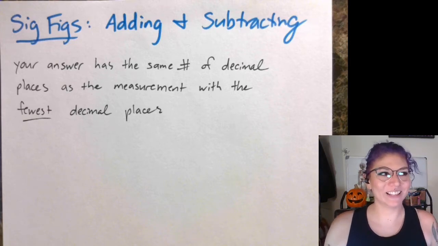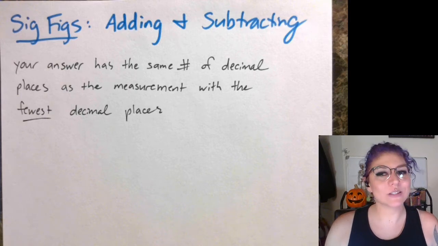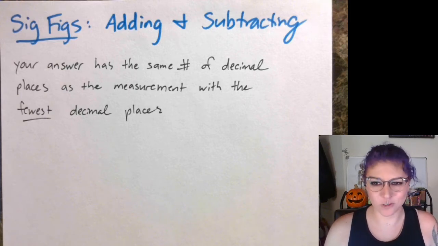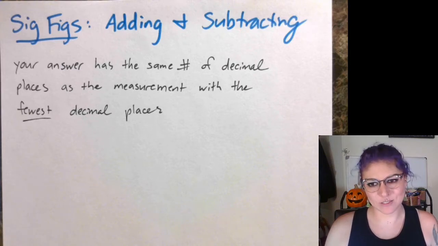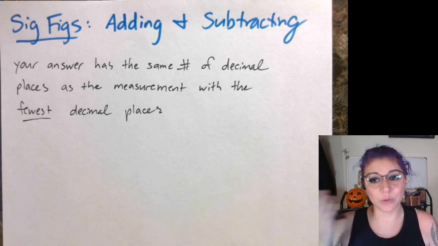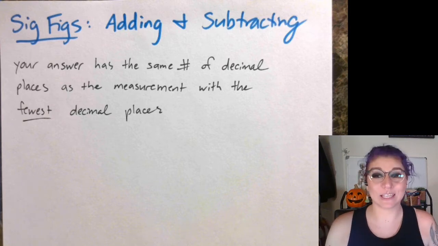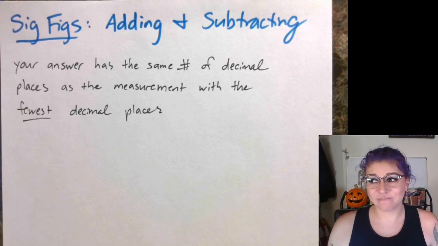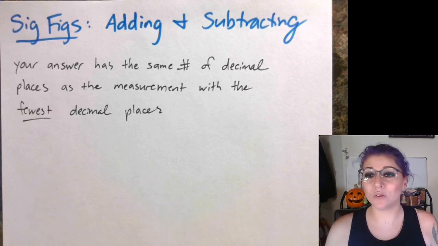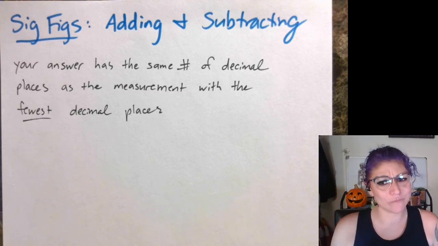Well, you can really only trust the precision of the least precise instrument that you used. Think of that example of the balances. So the food balance that only gives you 2 digits versus the analytical balance that gives you 5. If you end up using the food balance, at the end of the day, you can only trust your number as much as you trusted it coming from that food balance.